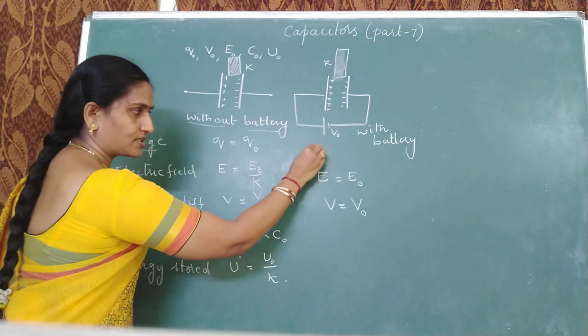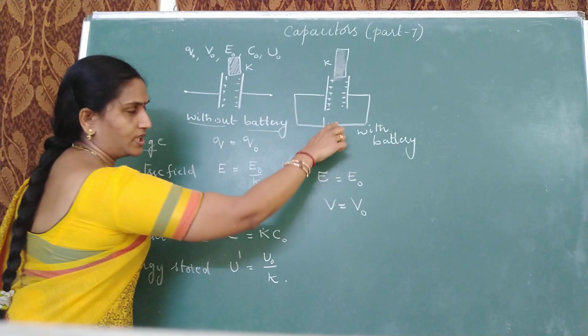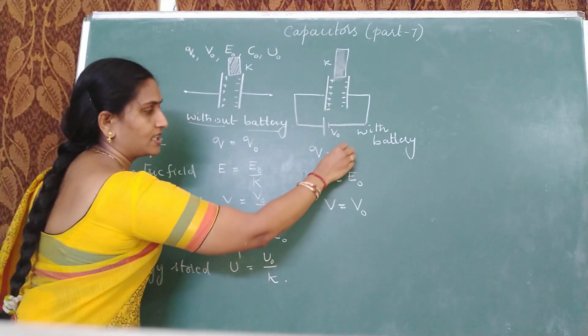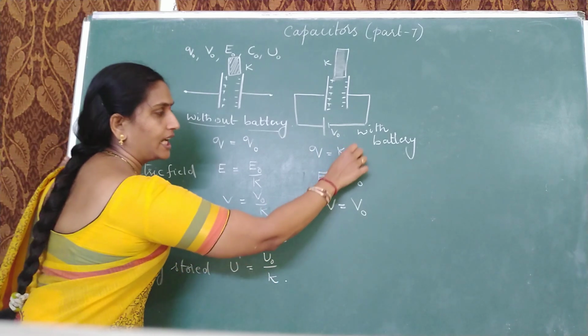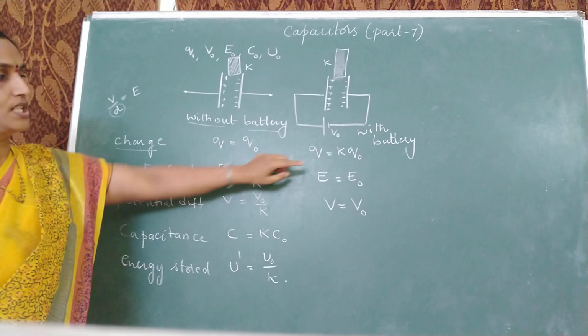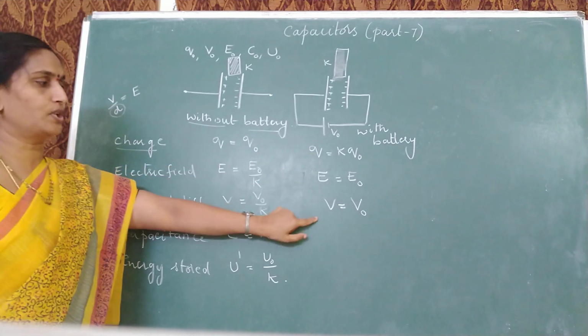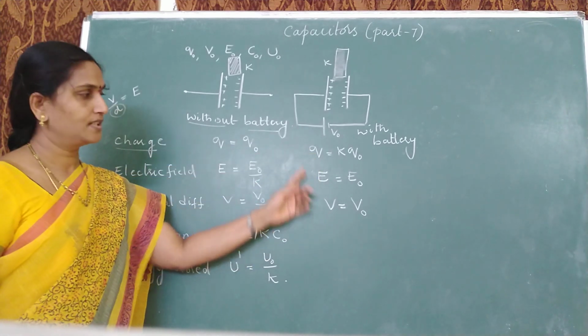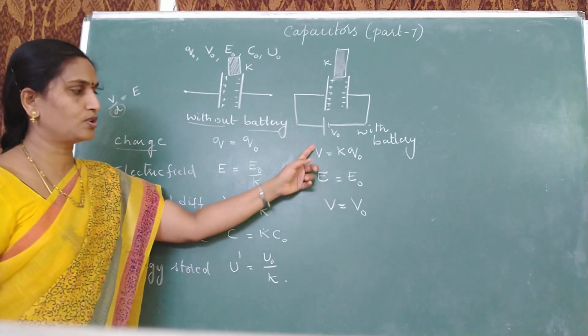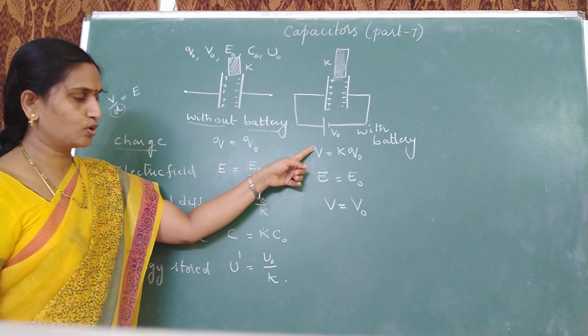But during the process, charge has increased. Since the battery is supplying extra charges, the new charge will become K times of the initial charge, that is Q naught. So charge has increased, field and potential remain constant. So if you know these three, tell me what would happen to capacitance. C is Q divided by V. Divide both of them.